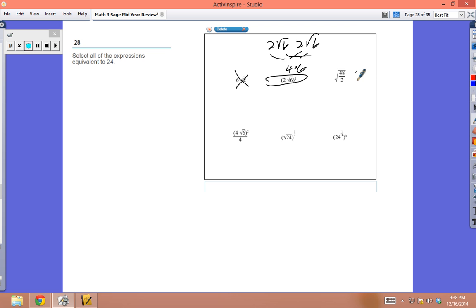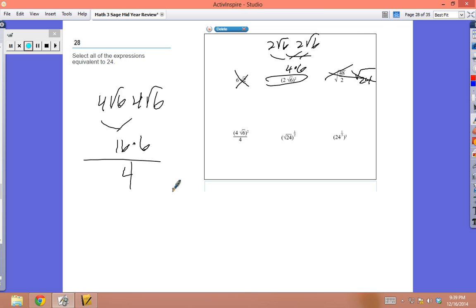Square root of 48 over 2 is going to be the square root of 24, so that's not going to work. 4 square roots of 6 times 4 square roots of 6 is going to be 16 times 6 divided by 4. And 4 is going to go into 16 4 times, and 4 times 6 is 24, so that one won't work.